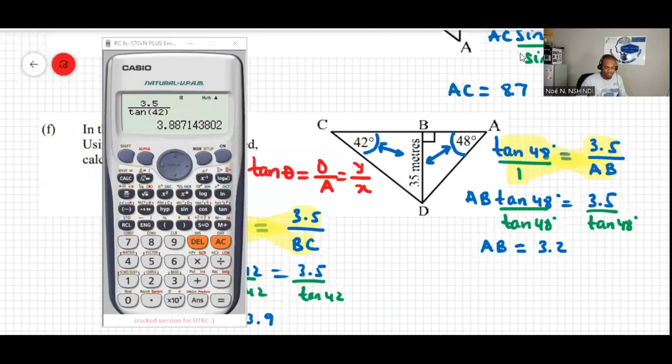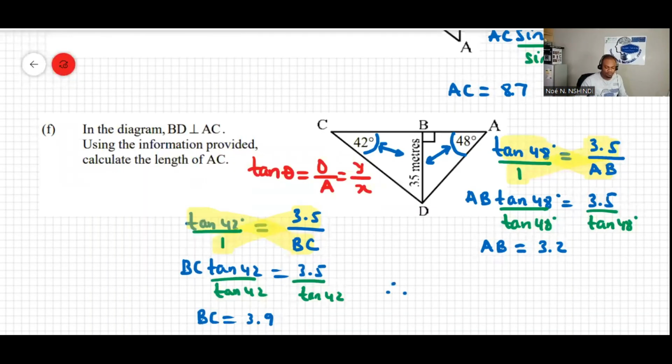Therefore, AC is equal to AB plus BC. Sometimes you want to read it as CB plus BA.